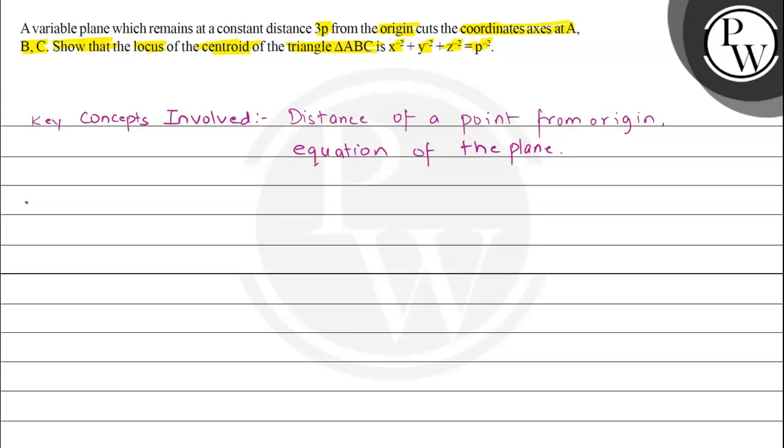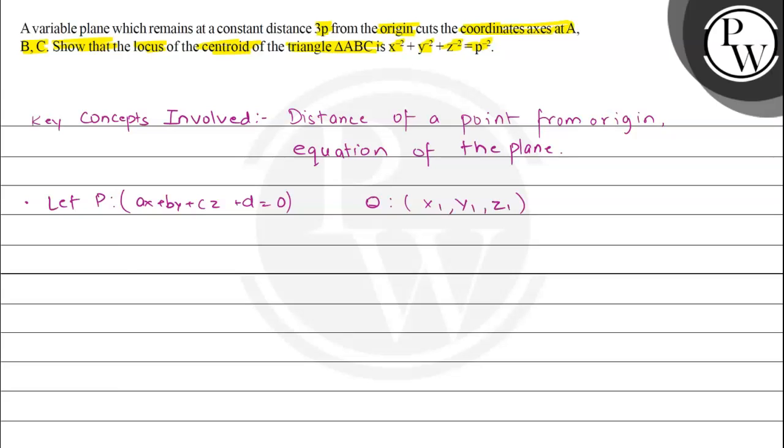Let the plane P be ax plus by plus cz plus d equal to 0. This is a plane, and we need to calculate the distance of a point, let's say Q, whose coordinates are given to be x1, y1, z1.